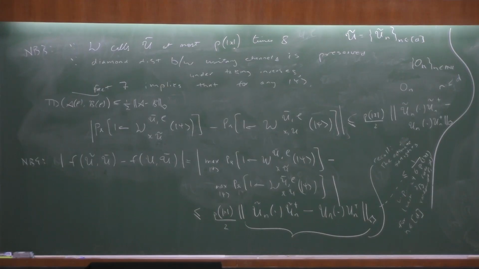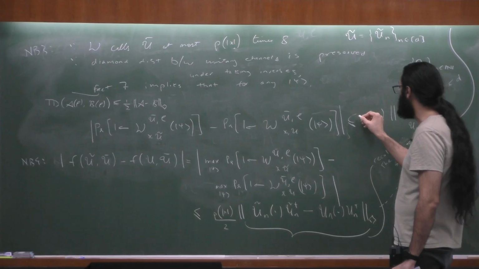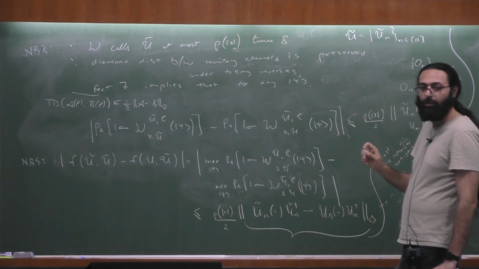No, I think P mod x is the number of total queries here, and each query will involve one such difference. Yeah, but each query could be to any one from U1 to UD. That's the point. So you will have a summation. So probably there should be a factor of d, maybe. No, I think because of P mod x it will be okay.